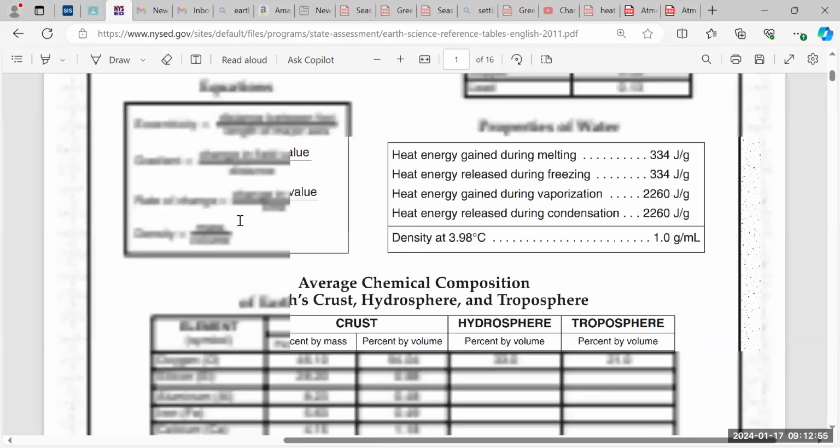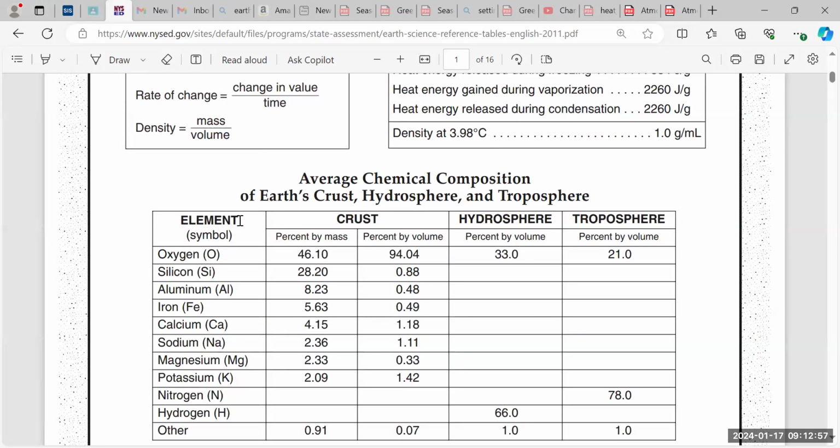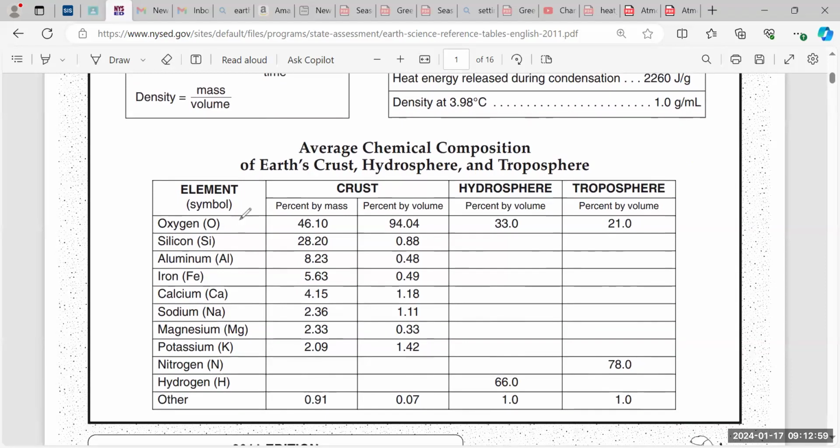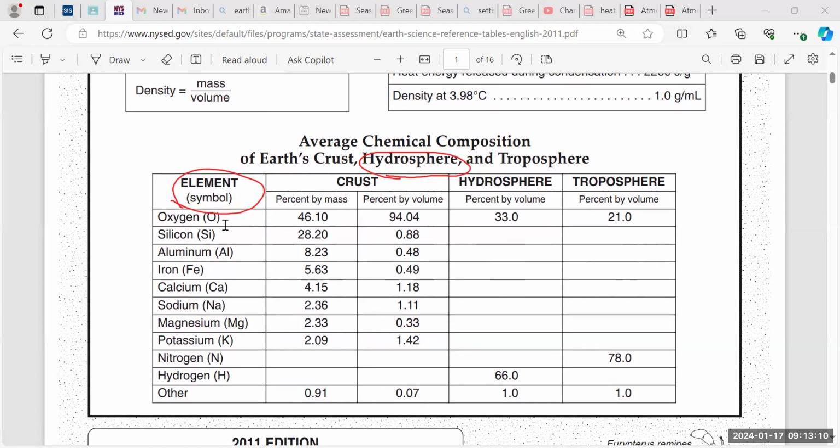All right. And here on page 1, the bottom chart is going to show me the Earth's hydrosphere and the elements that make it up. And so when I'm taking a look, one of the things I'm seeing right off the top here is the hydrosphere.